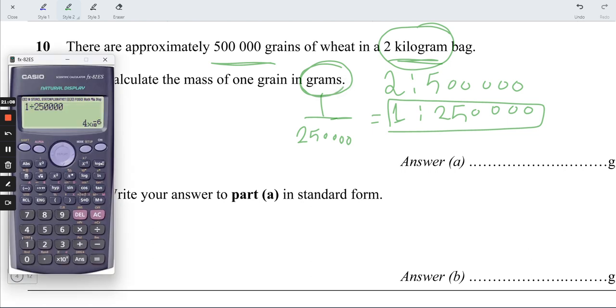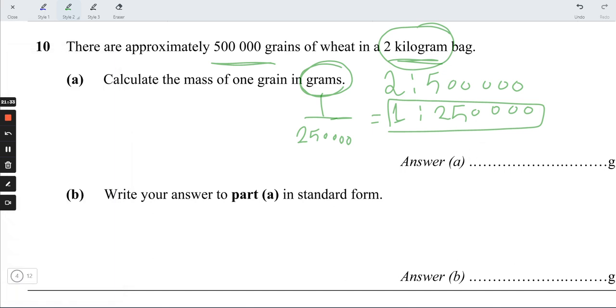So the answer that we get in our calculator, which is 4 times 10 to the power of minus 6, we should multiply by 1,000, because 1 kilogram is 1,000 grams. Changing it, it's 4 times 10 to the power of minus 3, which is 0.004.